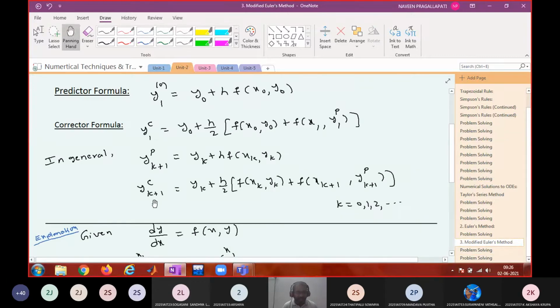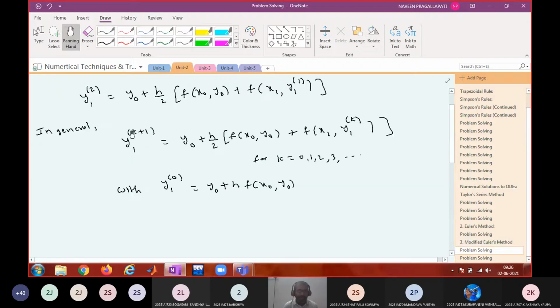I used k for subscript, not for the superscript. Can you see that? So let me change it. Instead of k, I will use i. That is a good notation.